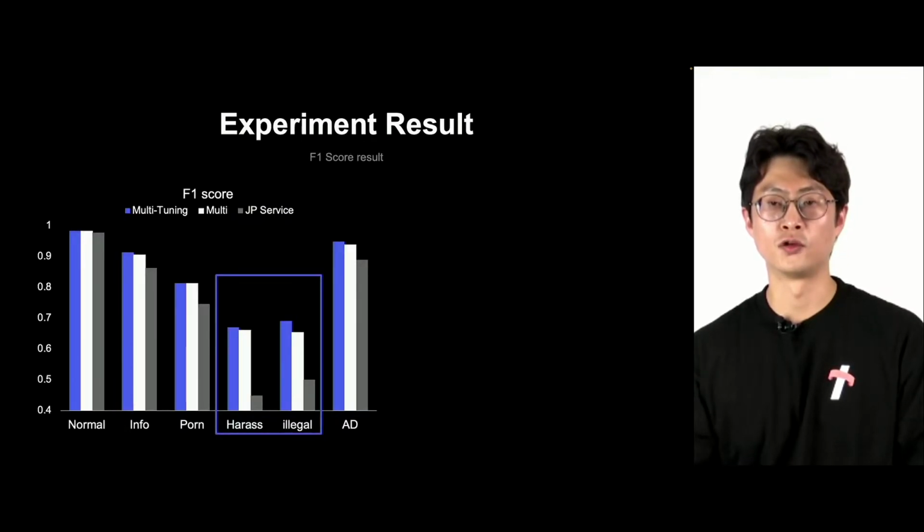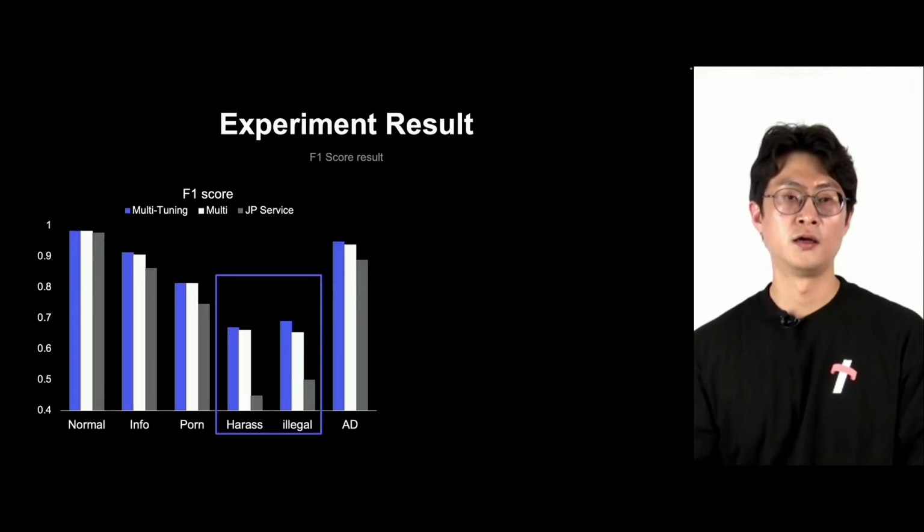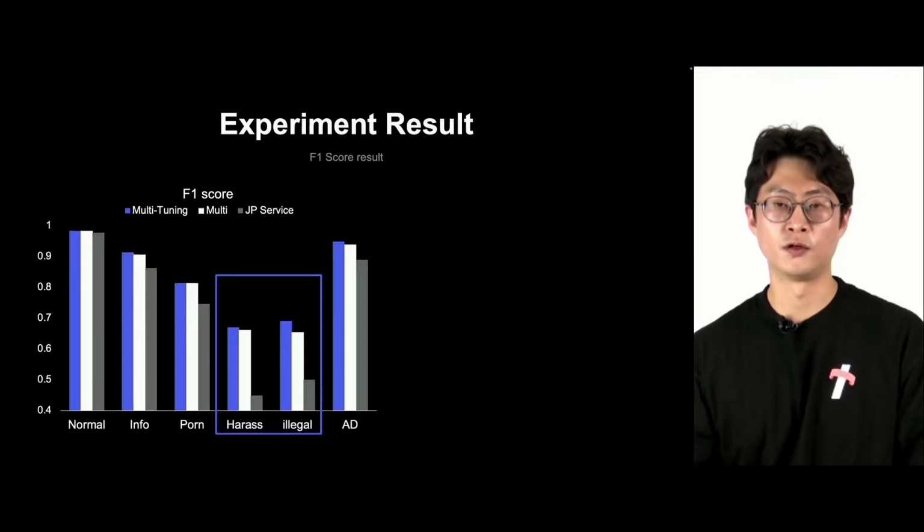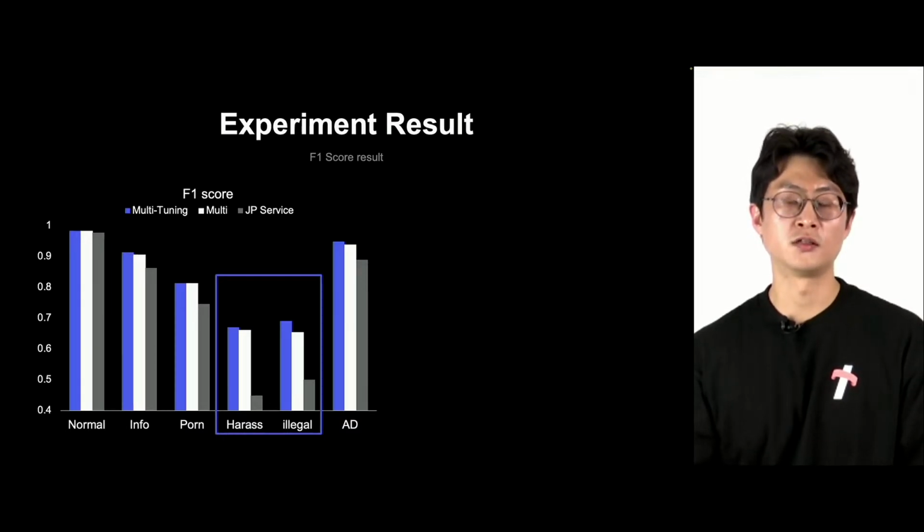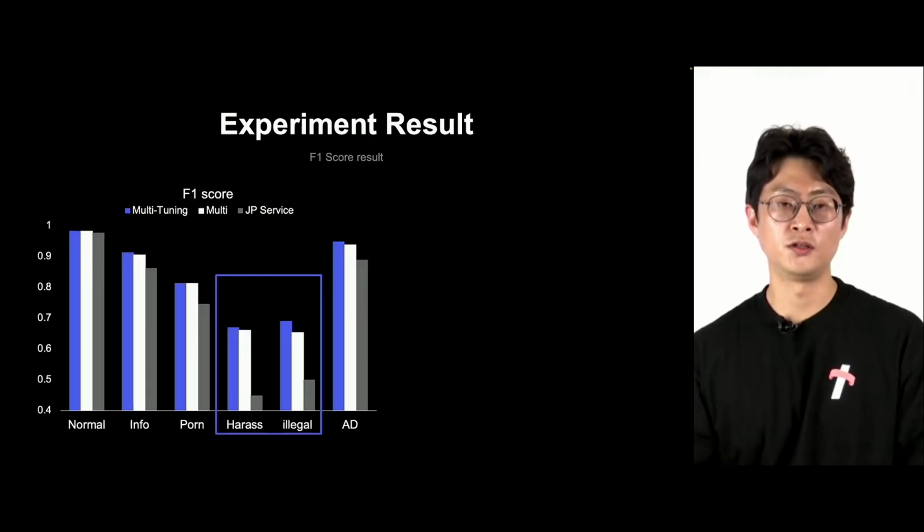And we looked at the F1 score to compare the models when the label composition is skewed. Blue is the large model tuned version, the white bar is the non-tuned version, and the gray bar is the current model in service. Looking at the F1 score of the overall labels, compared to the in-service model, all the large models show higher performance.